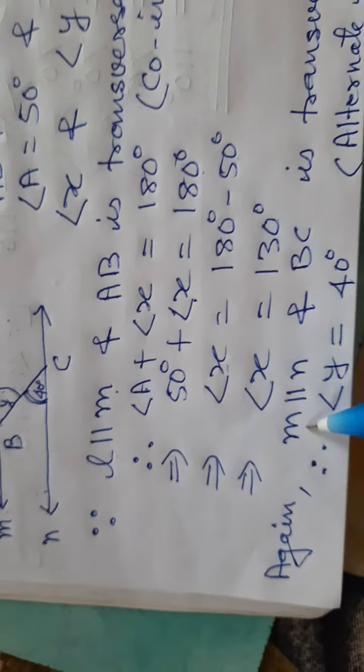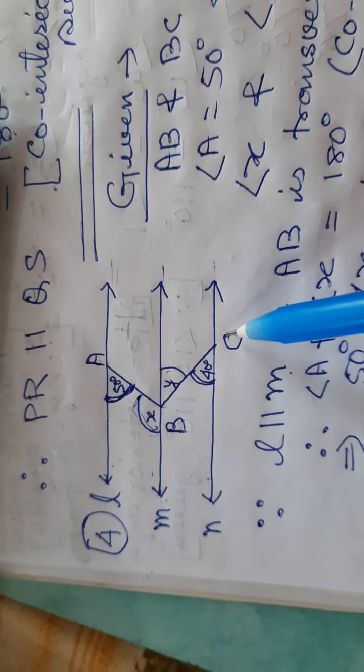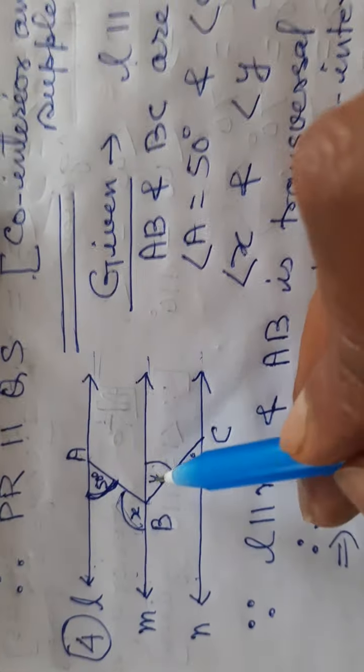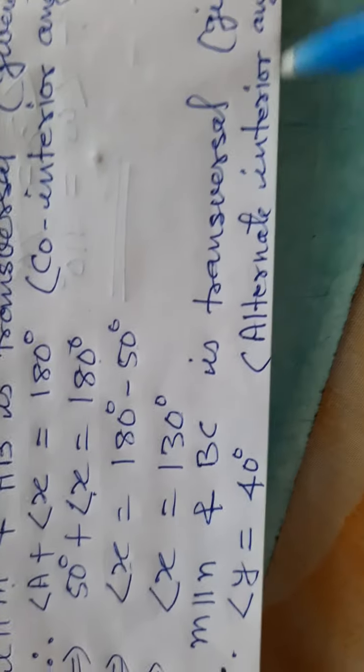Again, M parallel N and BC is a transversal, it is given. Therefore, Y is equal to 40 degrees. Alternate interior angles. Now, question number 5.